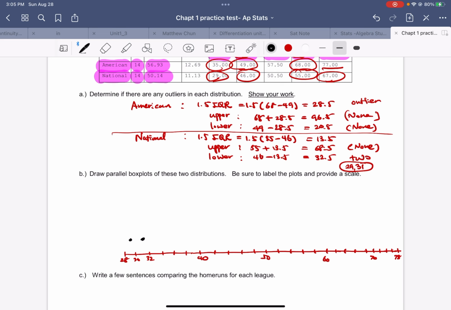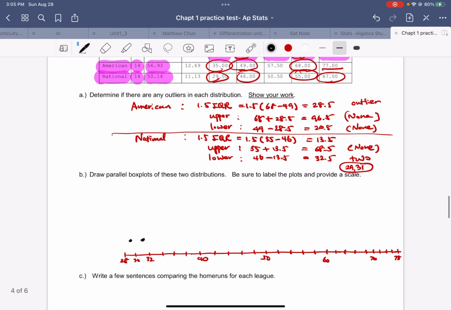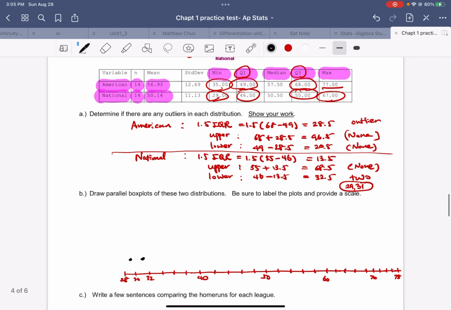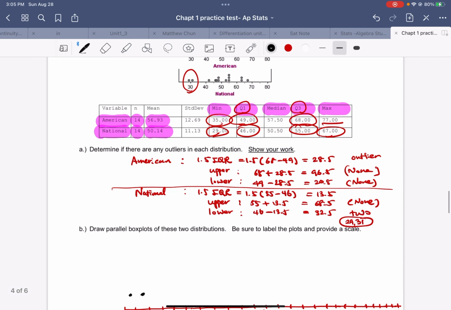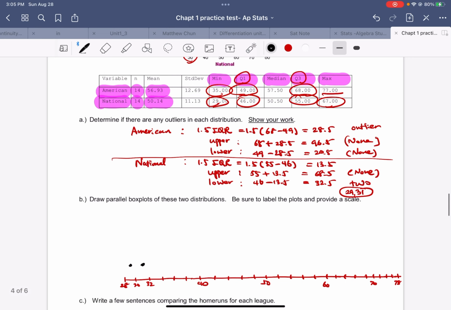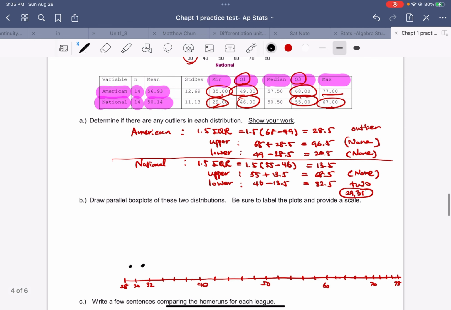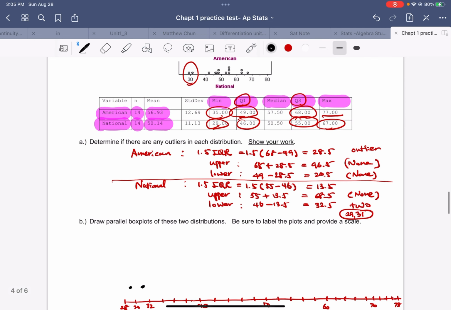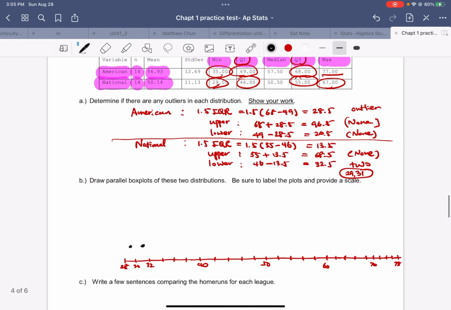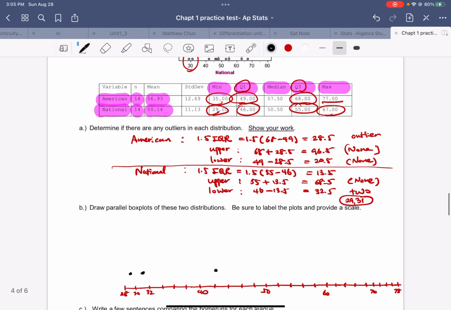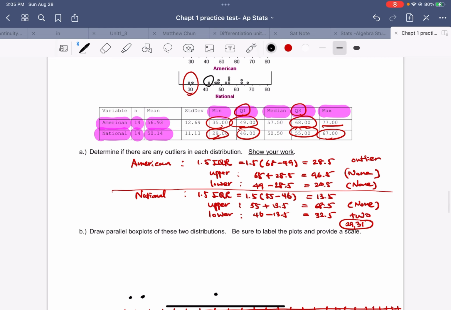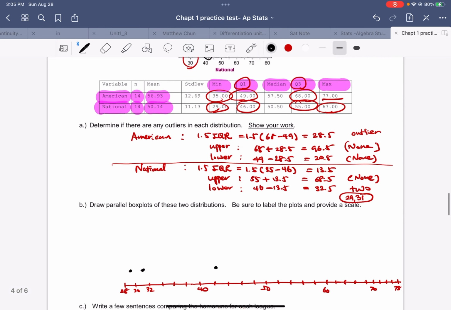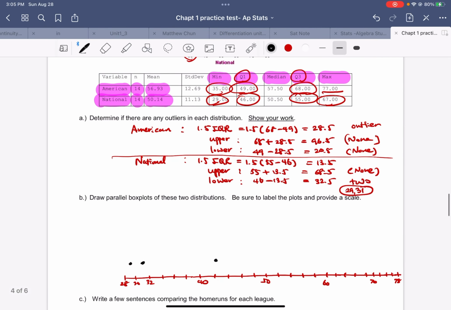And then I see that there's a value a little over 40, around 42. So the next one is around 42 right there. And let's look at the 5 number summary.